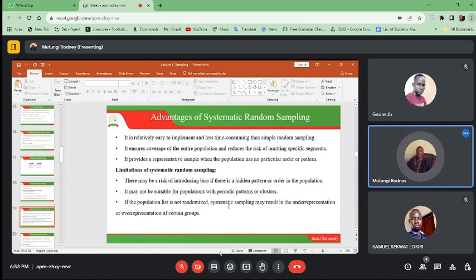Yeah, because here, remember, you are selecting people systematically. So imagine if the list has perhaps some people in one region of that list, like from 90 to 100, where the people with disabilities are.